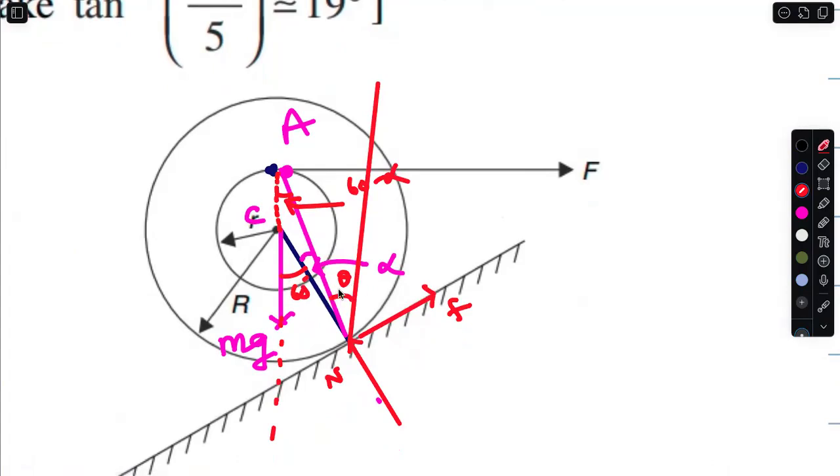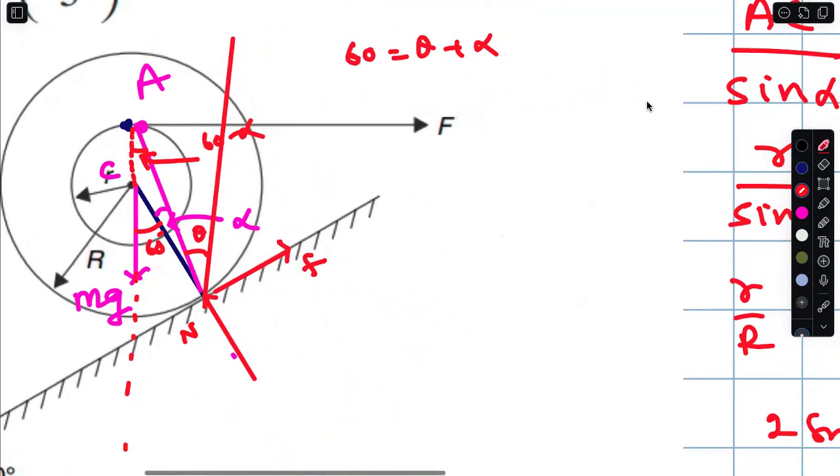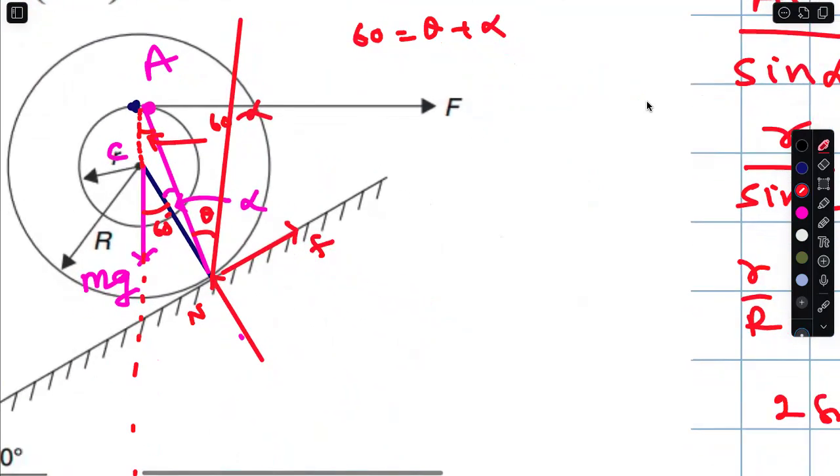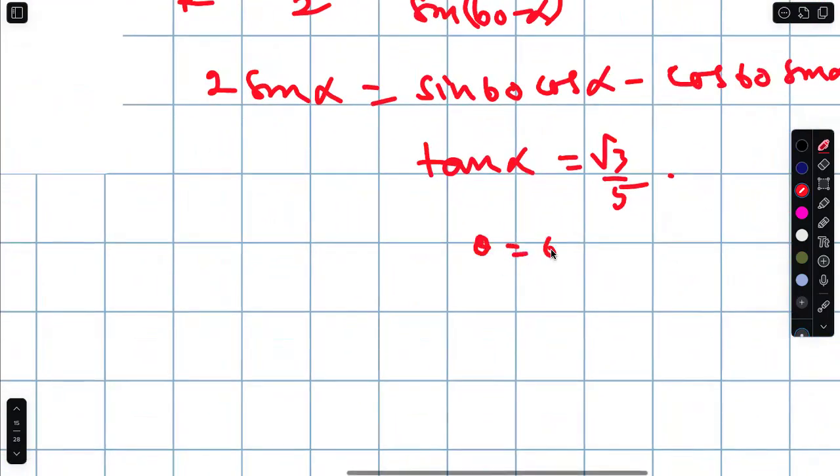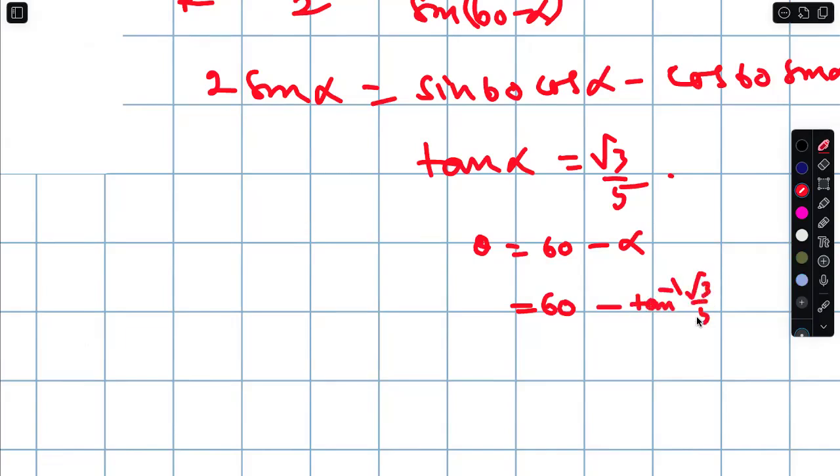This is 60, this is 60. 60 is theta plus alpha. You want theta actually. Theta is 60 minus tan inverse root 3 by 5.